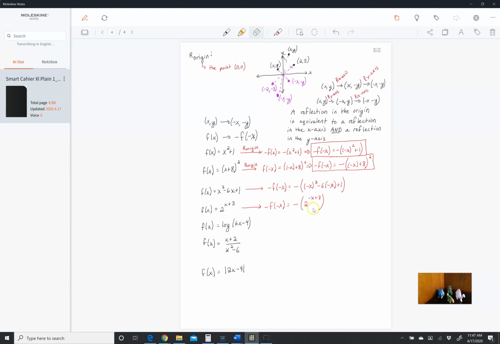Okay. This is an example where you don't need the parentheses around the 2 to the negative x plus 3, but put them there. There's nothing wrong with that. Another case where you're not going to need the parentheses, it's up to you. You're putting a negative, and then every x gets replaced with a negative x.